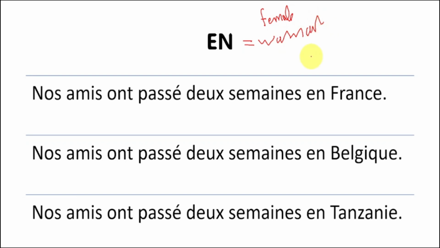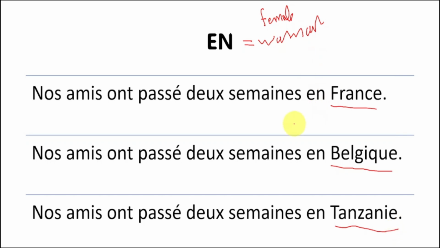So France is a female country, Belgium is a female country, Tanzania is a female country. So I'm going to say la France, not le France. La Belgique, not le Belgique. La Tanzanie, not le Tanzanie, you see? So you have to be careful, okay?